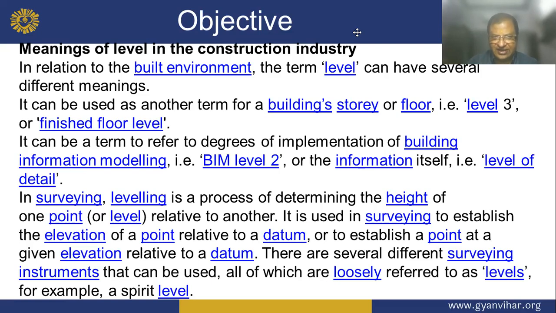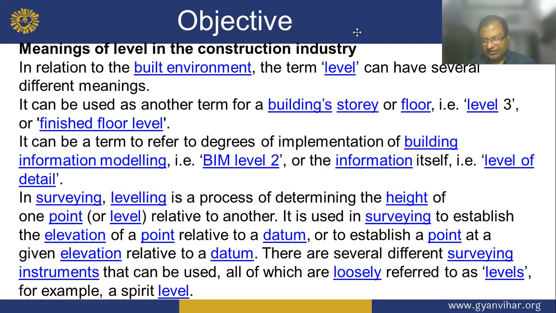In surveying, leveling is a process of determining the height of one point relative to another. It is used in surveying to establish the elevation of a point relative to a datum, or to establish a point of a given elevation relative to the datum.